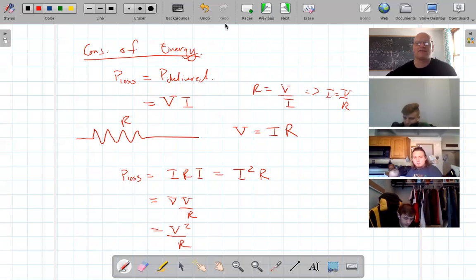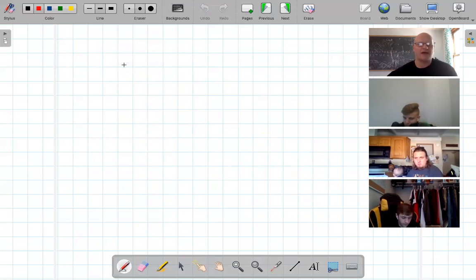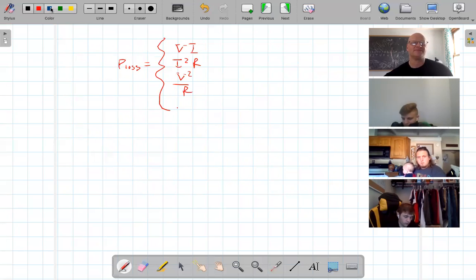The power lost through any type of electrical object is either equal to the potential times the current through that object, or, if I'm dealing with a resistor, the current squared times the resistance, or the potential across it squared divided by the resistance. Any one of these is equivalent. This first one is good for any type of electrical element. These two are only good for resistors.